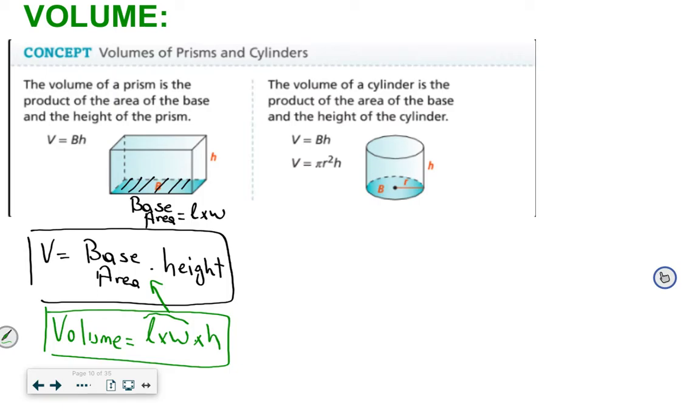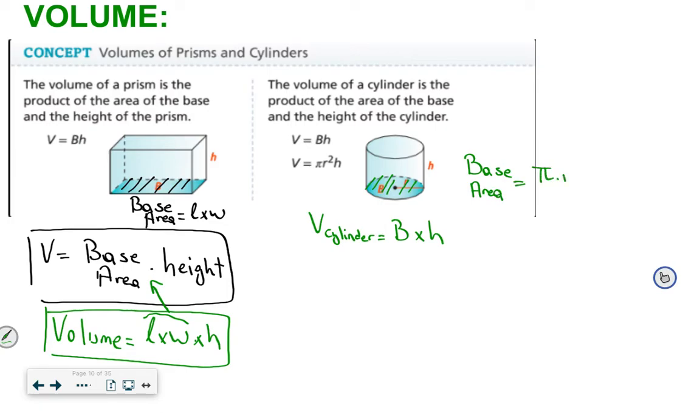What about a cylinder? When you have a cylinder, to be able to find the volume, same idea. Volume of cylinder is the base area times height. What is the base of this figure? It is a circle. Do you remember that? What is the area of a circle?